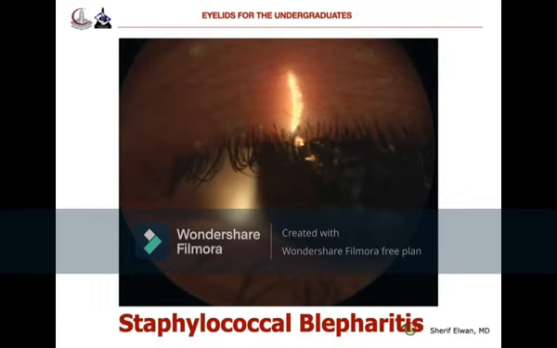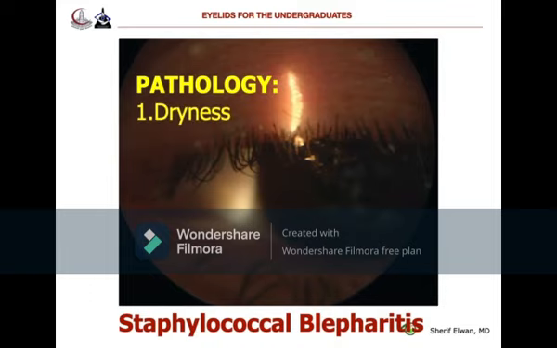Another example of inflammation is staphylococcal blepharitis, where there are sticky discharge flakes at the roots of the lashes. Pathologically speaking, it starts by dryness, that is dry eye syndrome, followed by infection.